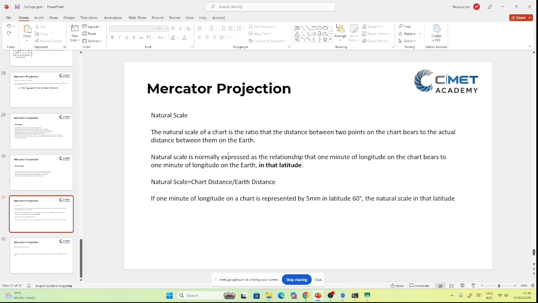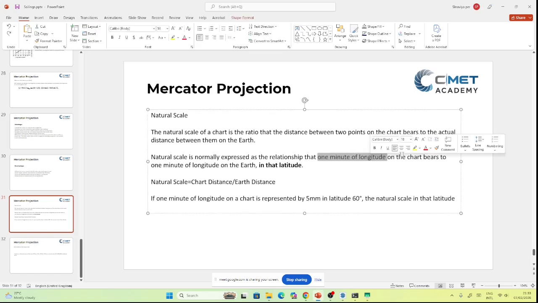Natural scale is normally expressed as the relationship that 1 minute of longitude on chart bears to 1 minute of longitude on earth in that latitude.